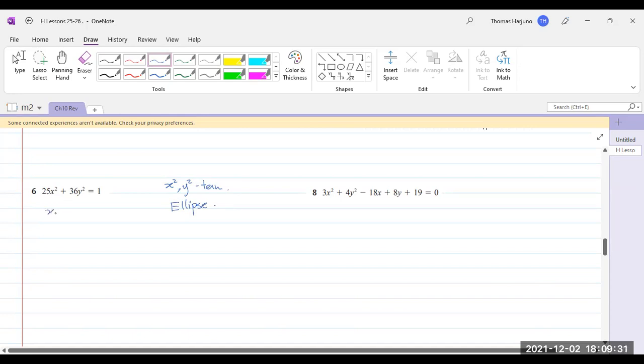So let me rewrite it first. This is x squared over 1 over 25 plus y squared over 1 over 36. Because 1 over 25 is greater than 1 over 36, the major axis is parallel to the x-axis. Is it right?